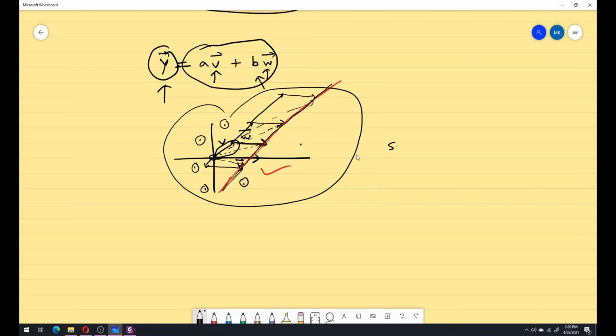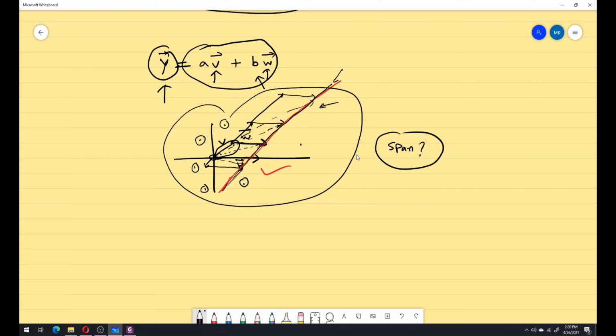So what is the span of the vectors? The span is basically the possible vectors that you can reach with the vectors that you have in your hand. For this particular example, if we fix one of the vectors, we can only get one straight line, so the span of these two vectors in this case is the straight line.